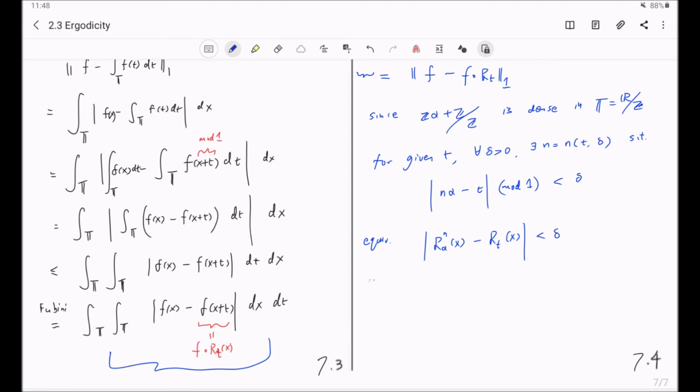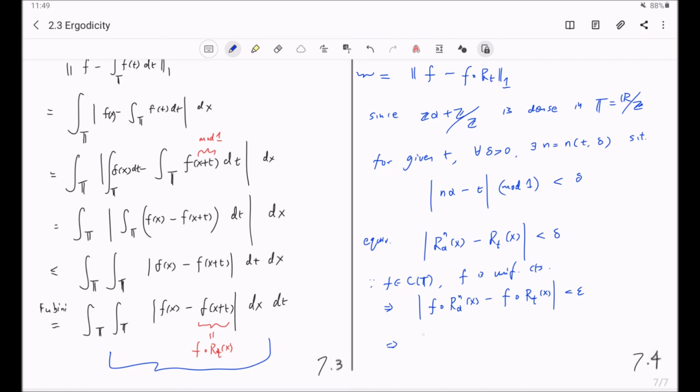Now, since f is continuous on T and T is compact, f is uniformly continuous. That means if you choose this delta small enough, then f composed with R_alpha raised to the power n applied to x, minus f composed with R_t applied to x, taking absolute value, is bounded by epsilon.